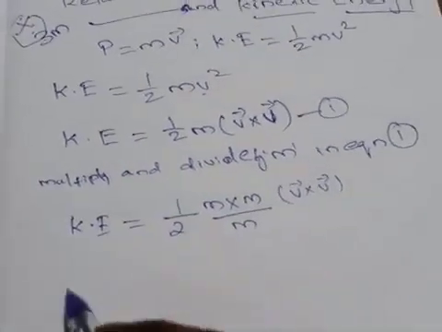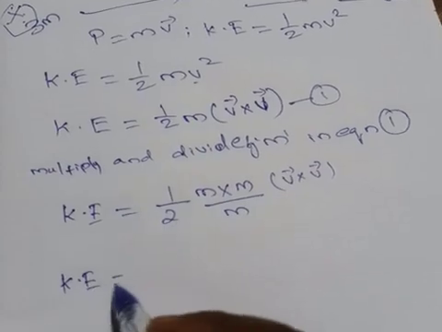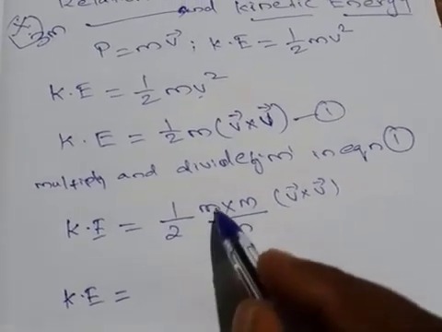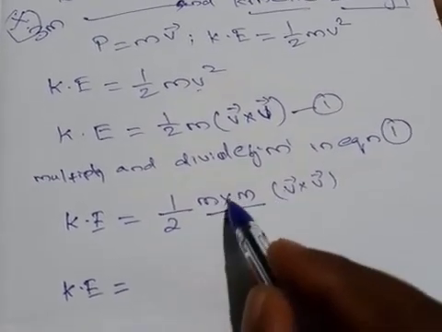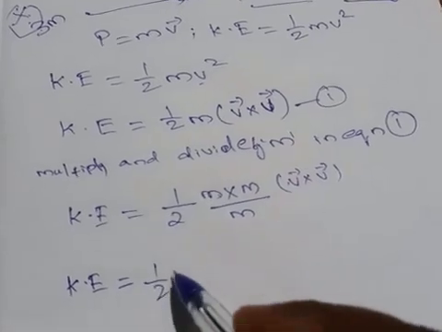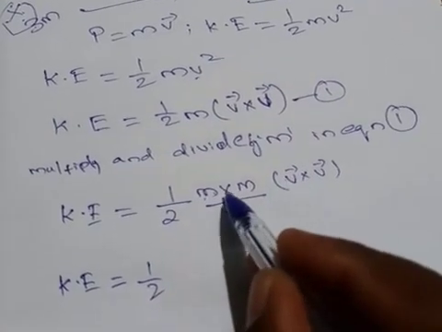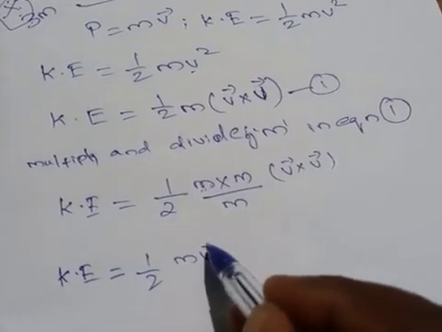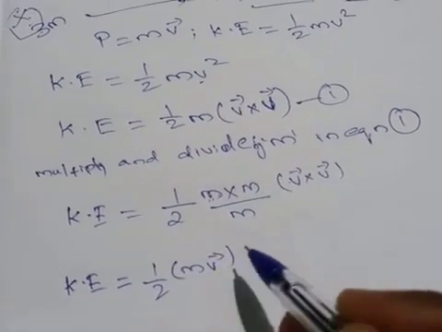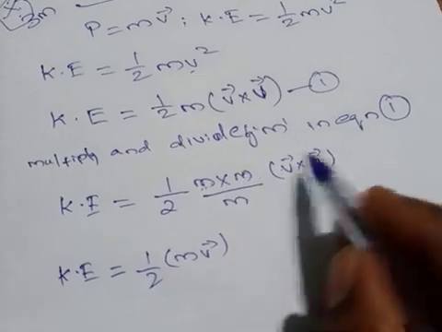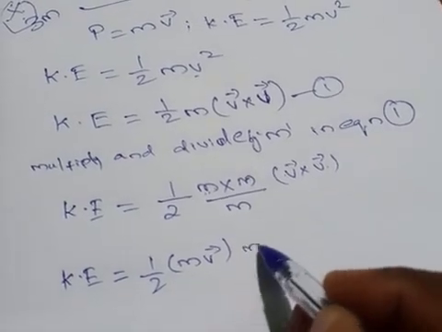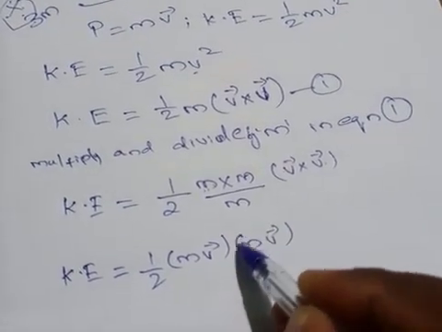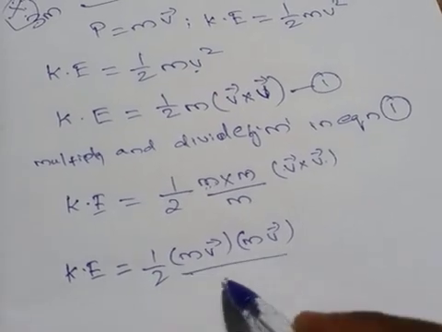Now you see, kinetic energy is equal to half m v squared. This m and v I am writing separately, m and v, and then mv divided by m.